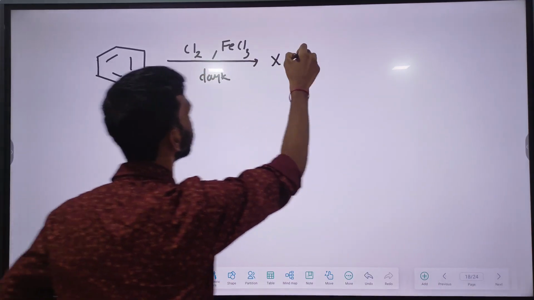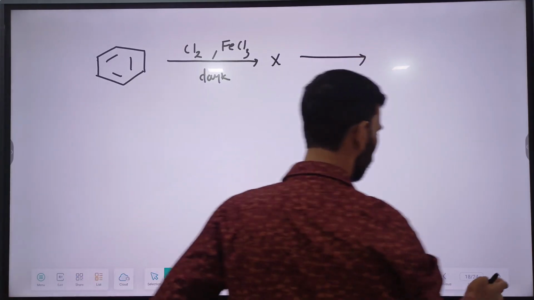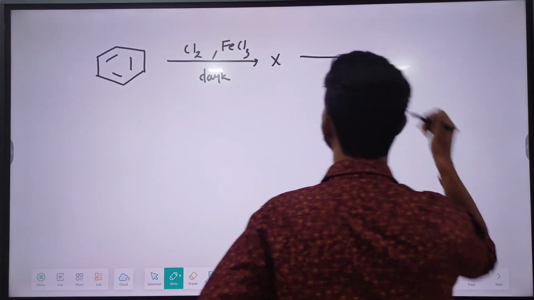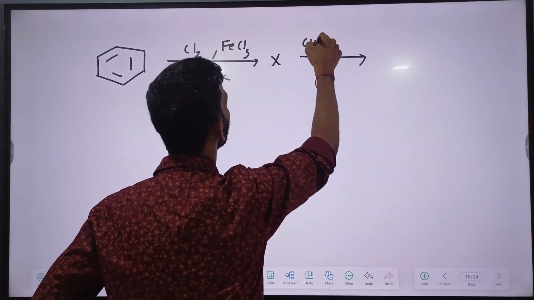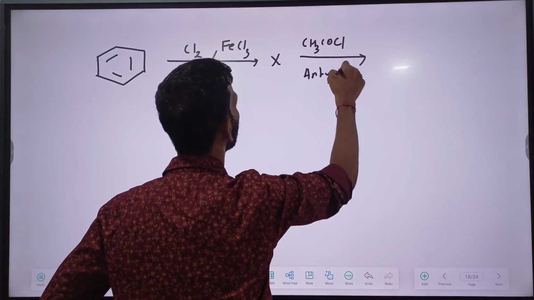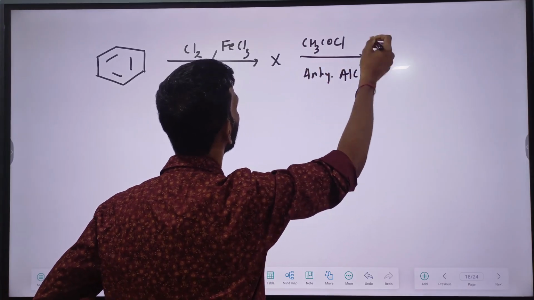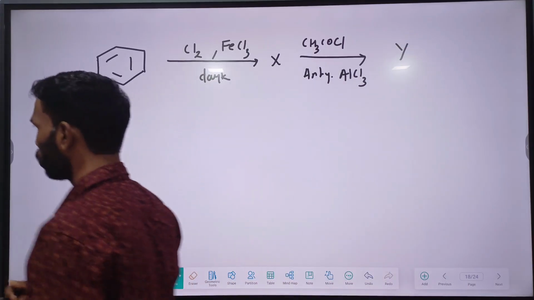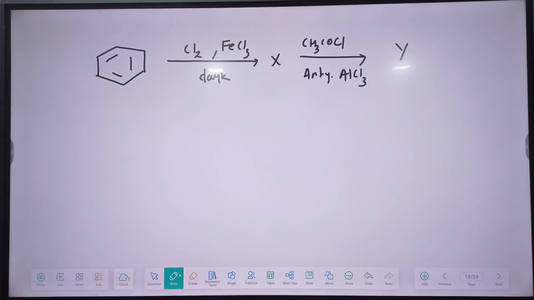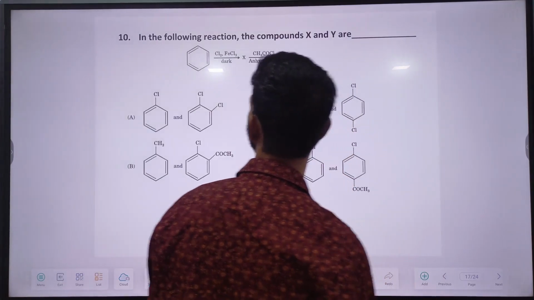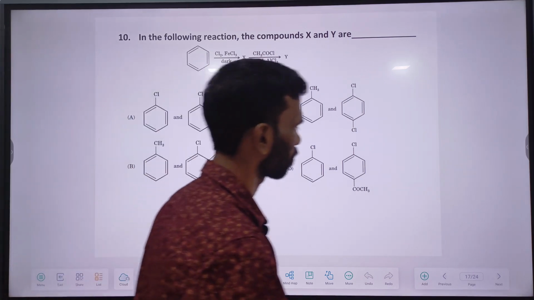You will get some product X, and then there is CH3COCl, anhydrous AlCl3. What you get over here is two structures. This question is obviously for 1 mark.